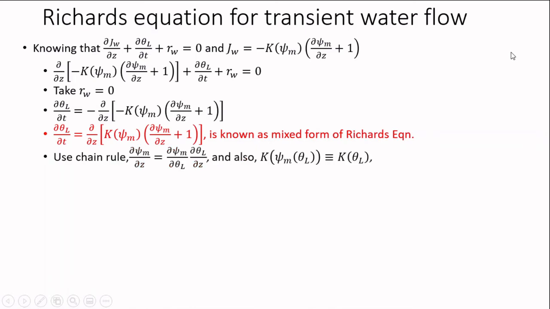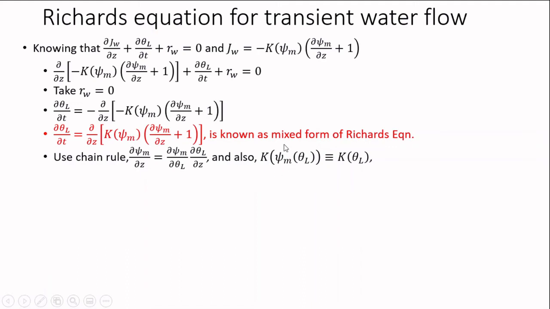Okay. And then we use the chain rule to expand the spatial derivative of matric suction. So the spatial derivative of matric suction can be expanded to include the effects of volumetric water content, and also the unsaturated hydraulic conductivity, which is a function of matric suction.